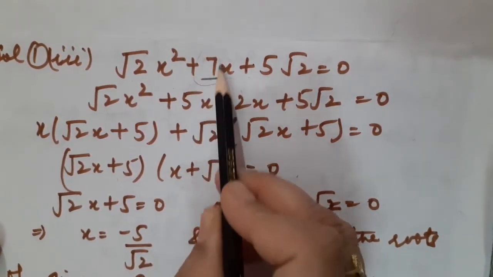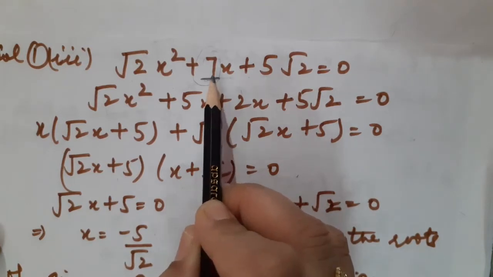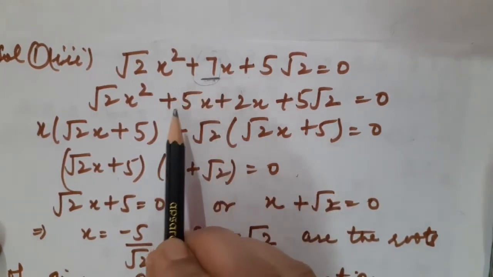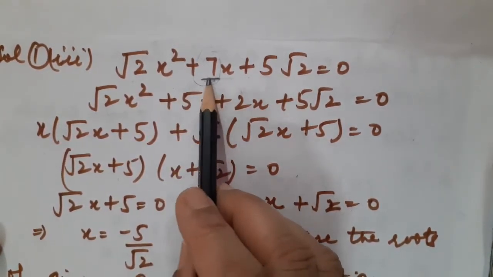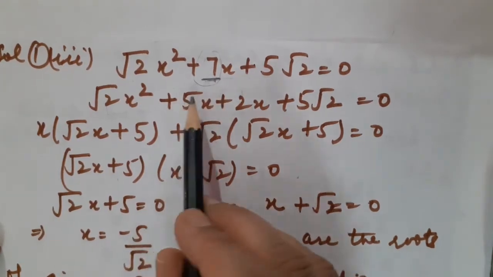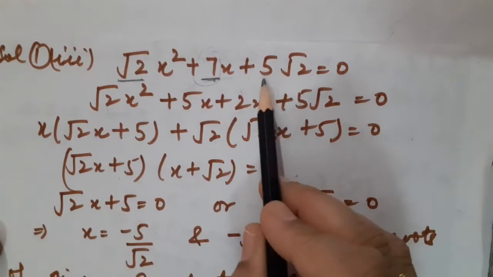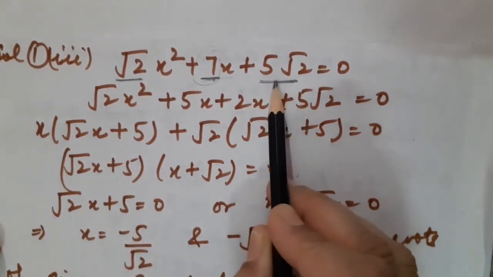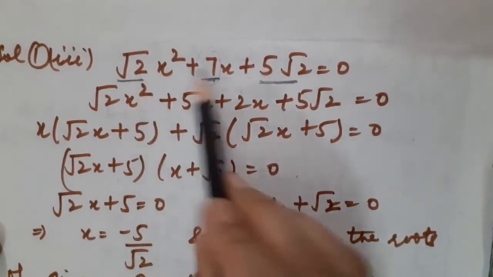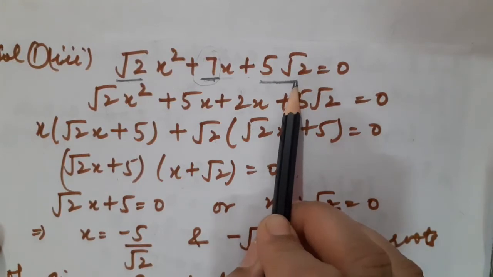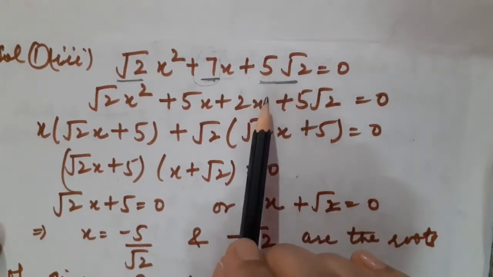So I have to split the middle term in such a way that the sum of those two terms must be 7 and their product should be the product of the numerical coefficient of x square and the constant term. Fine.